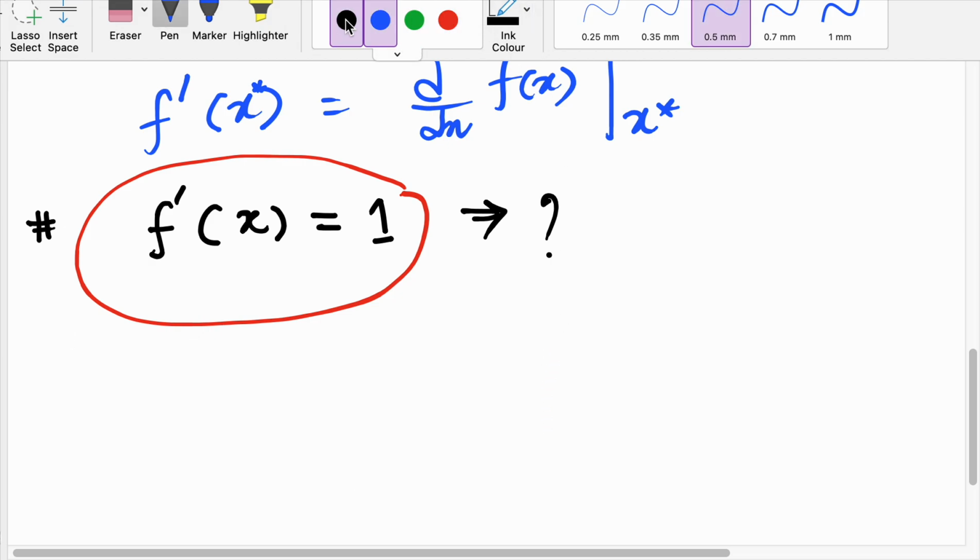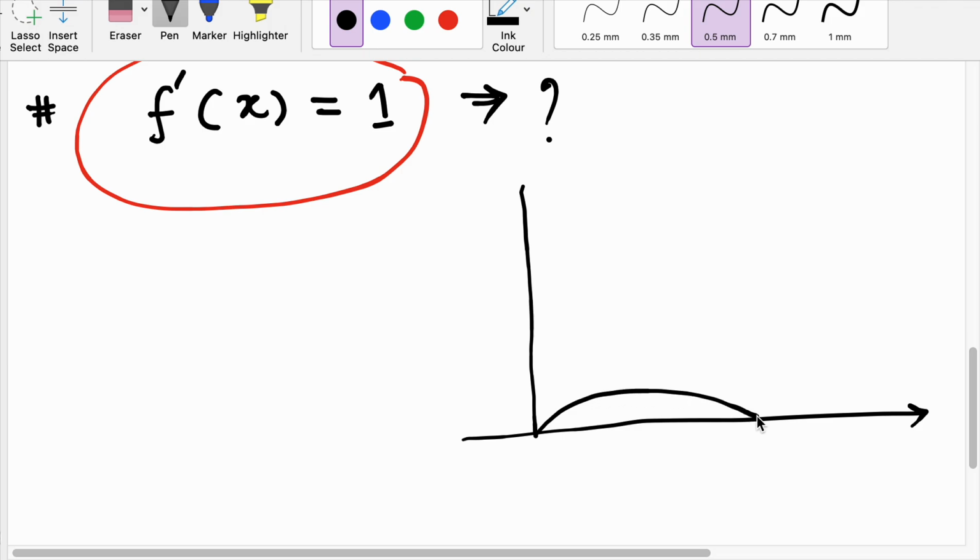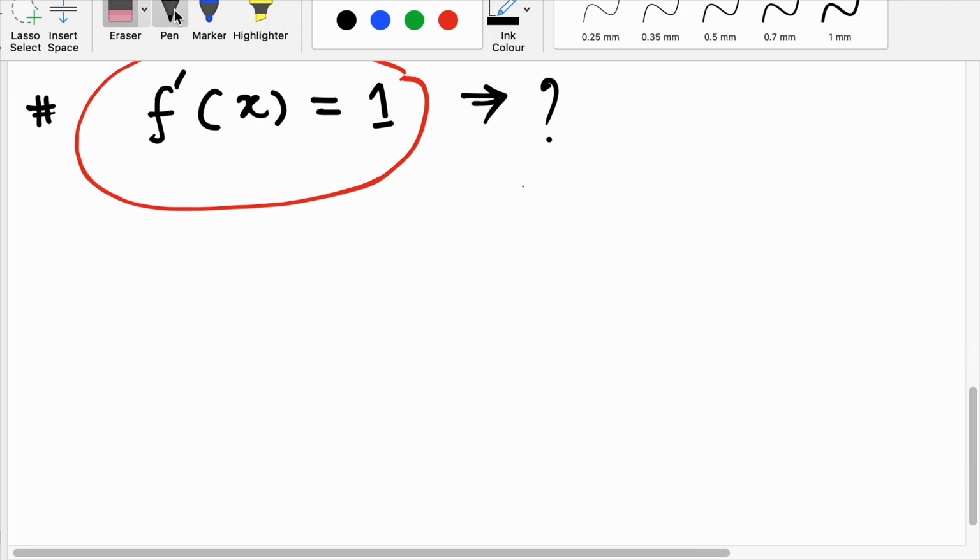So how does it look like? Okay, I will show you graphically later. Let's see first what it means.